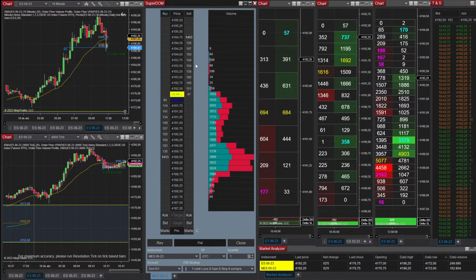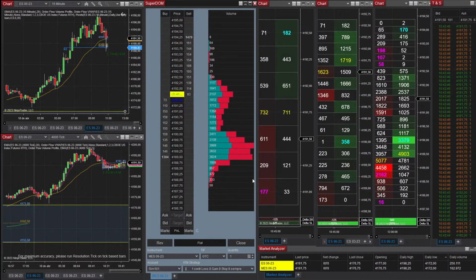Let's see if we're going to be able to reach the 994.25, because if we fail to reach it, it could be the first signal of weakness.